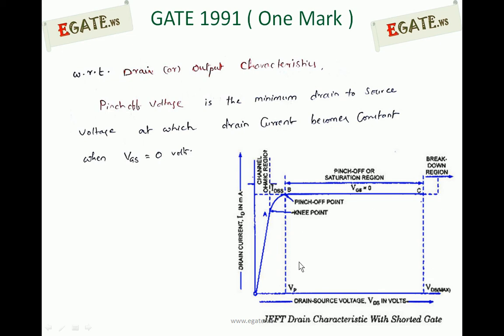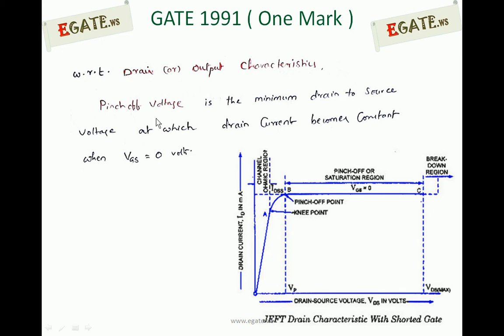So what is the minimum amount of drain to source voltage at which drain current becomes saturated, that too for VGS equal to 0? That point is called the pinch-off voltage. From this characteristic, this is the minimum value of VDS on this curve at which drain current becomes constant when VGS is kept at 0 volts.